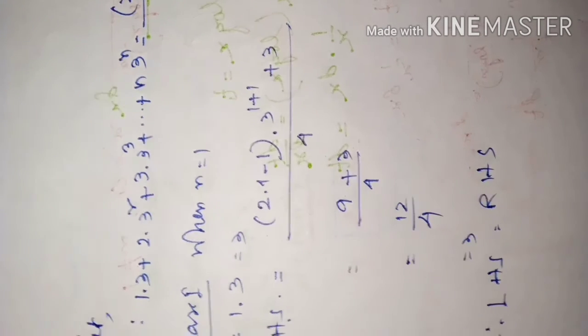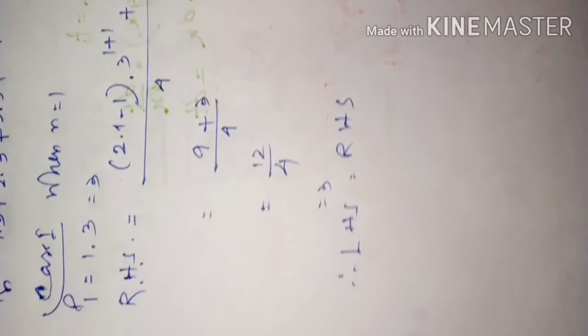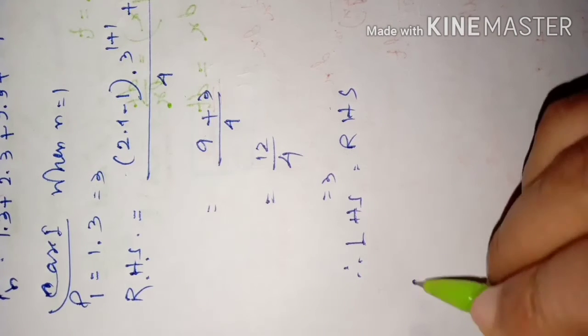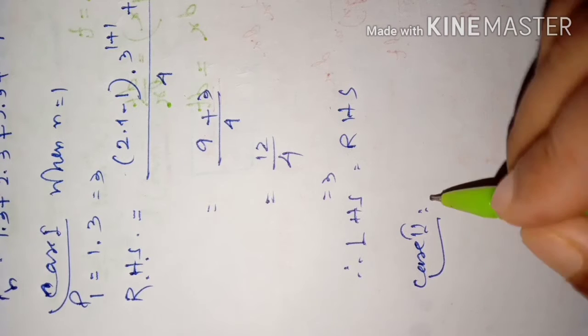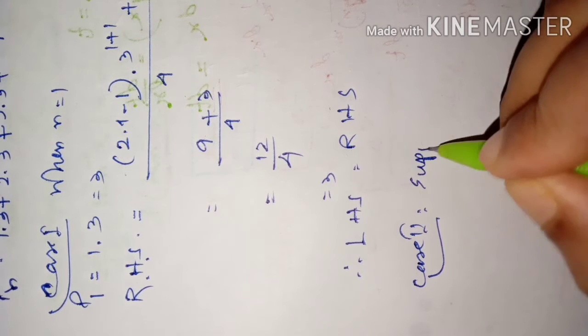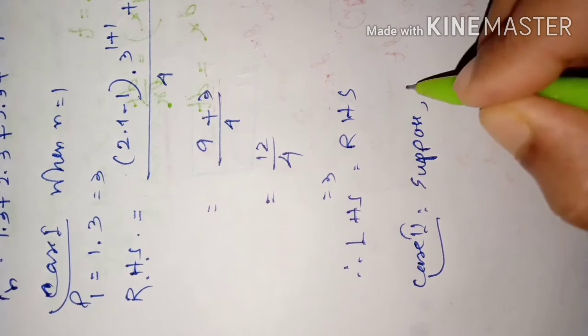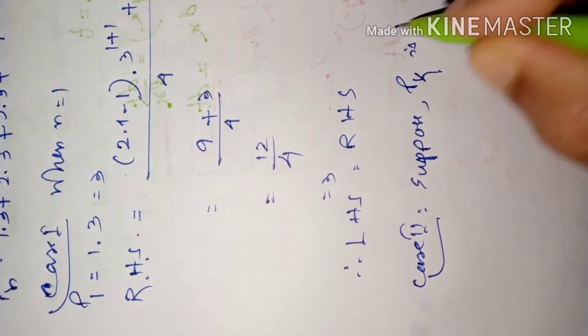Now we have to suppose that the statement is true for n equal to k also. Case 2. Suppose Pk is true.